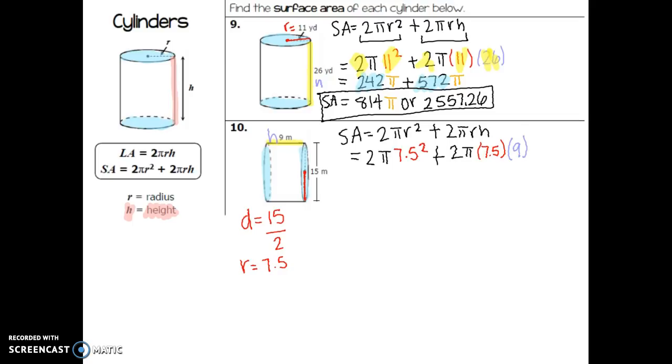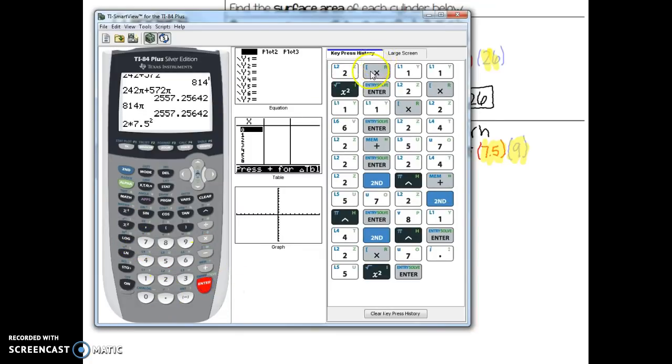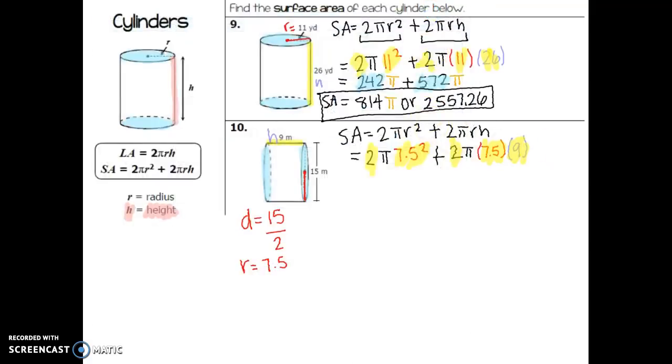So again, if I want to keep everything as accurate as possible, I'm just going to be multiplying the numbers, not the pi's. But I will be doing them separately. So I am going to pull up my calculator again and say 2 multiplied by 7.5 squared. And we have 112.5. So I'd say 112.5, we drop down our pi.